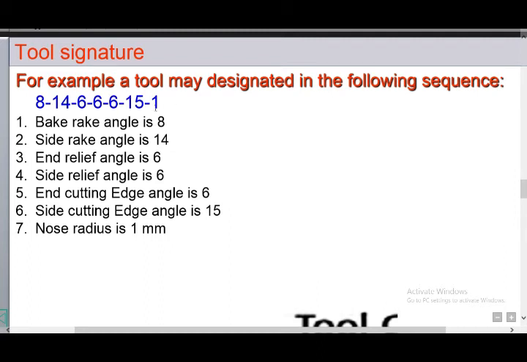The first is the back rake angle, next side rake angle, end relief angle, side relief angle, end cutting edge angle, side cutting edge angle, and the last one is the nose radius. This is the tool signature. In this method we identify and measure the tool signature.